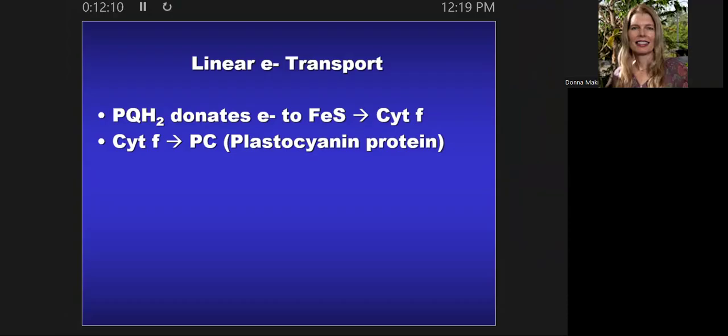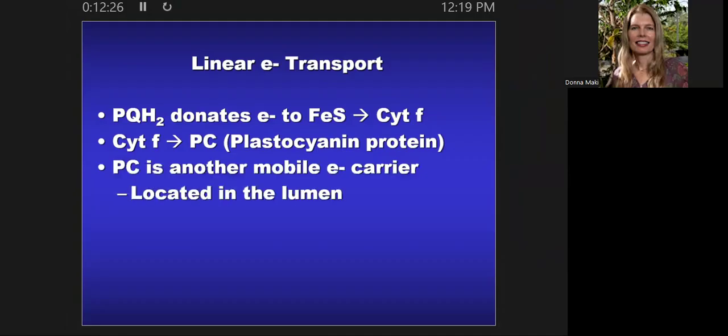And then there's a plastocyanin mobile carrier hugging up to cytochrome B6F, waiting for its electron. And that's going to happen. Cytochrome F will give the electron to plastocyanin. And then when that's done, plastocyanin can disassociate from cytochrome B6F and start moving along the lumen side of the thylakoid membrane. It's attached to the membrane, so to speak, or associated with it.